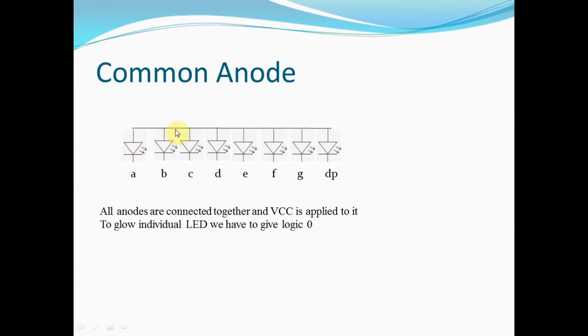When you connect the anode terminal with VCC, to turn this particular LED on, you have to connect logic 0 to the cathode terminal. So in common anode, the common terminal will be connected to plus 5 volts, and for the segments which you want to turn on, you have to apply logic 0.